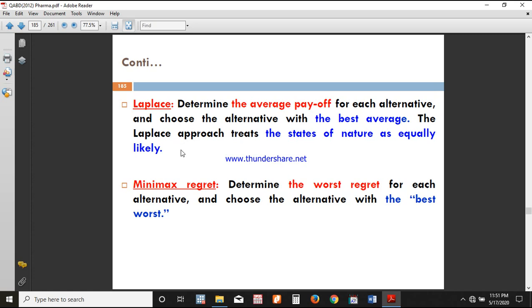You sum the values under each row and take the average, then choose the best value. The Laplace approach treats the states of nature as equally likely, whereas the Minimax Regret determines the worst regret for each alternative and chooses the alternative with the best worst.